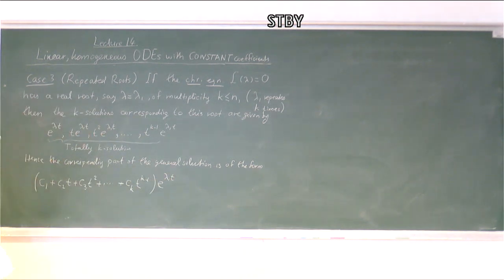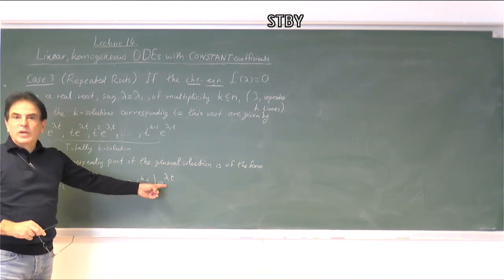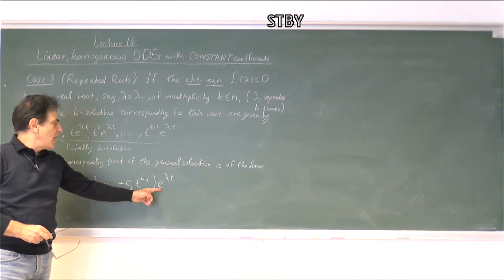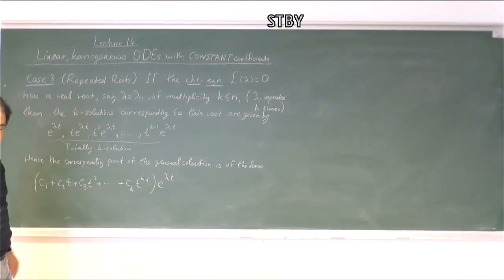This is the solution corresponding to lambda 1, which is a root with multiplicity k. So k independent solutions are given.